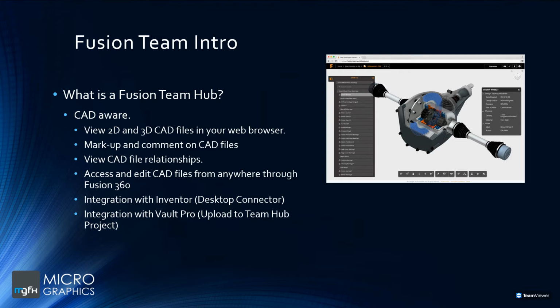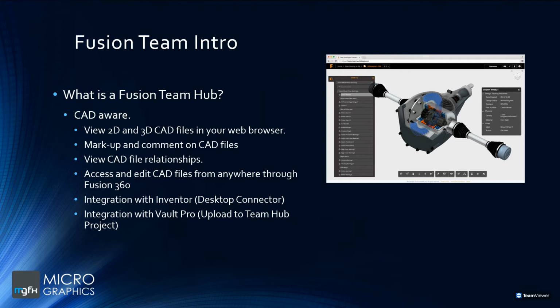directly in the browser. You can also access and edit the CAD files through Fusion 360 if you are editing those Fusion 360 files. You are also able to integrate it with Inventor through the use of the desktop connector.